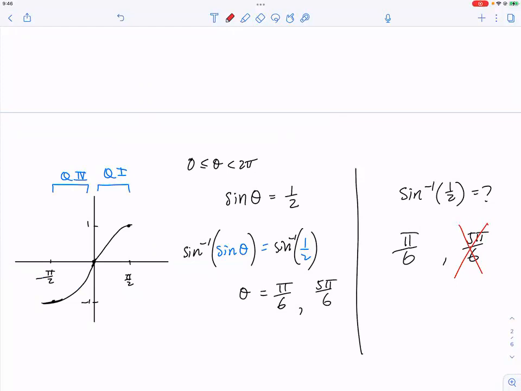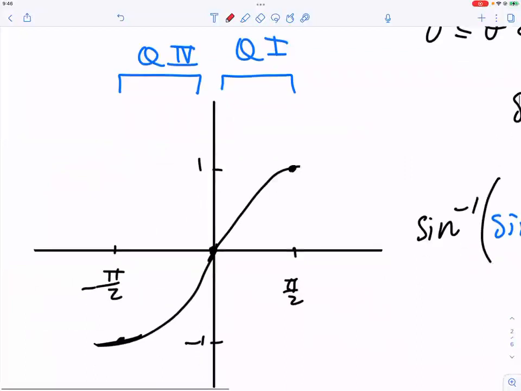Because I did not understand the graph. There was a big missing piece when I was in PreCal back then. I was not aware of the restriction of the function. If you restrict the domain so that it can be a function, it only shows the quadrant 1 portion and the quadrant 4 portion.